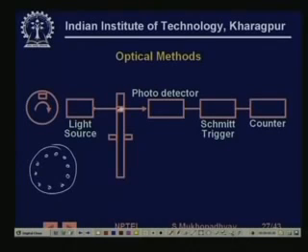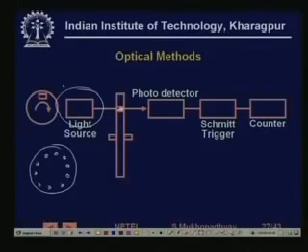and at one position you have a light source. It can be an LED, and on the other side of it you can have a photo detector, either a photo transistor or a photodiode. The basic principle is that on these devices, if some light falls on them, then they start conducting. As the disc rotates, whenever a hole passes through the light source, light passes through the hole and falls on the photo device, and at that point the photo device starts conducting.